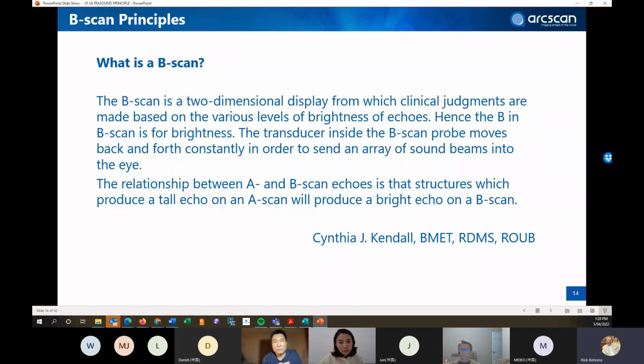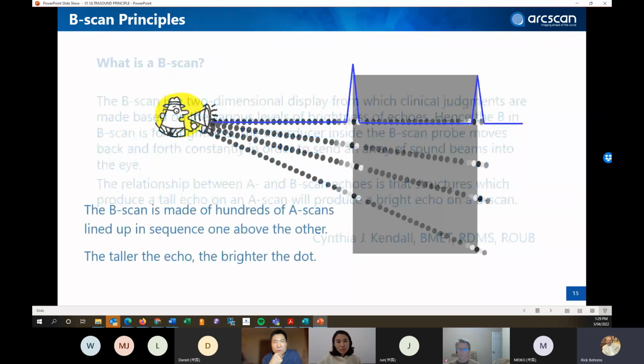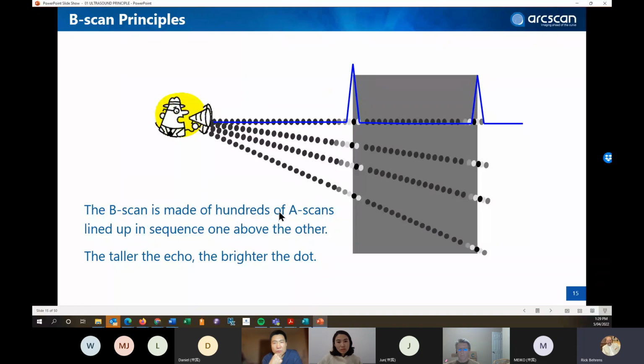We measure the B scan, the brightness, with a probe that is moving. You remember those fans that move from right to left and keep moving all the time? This is how the probes move, from one side of the eye to the other.